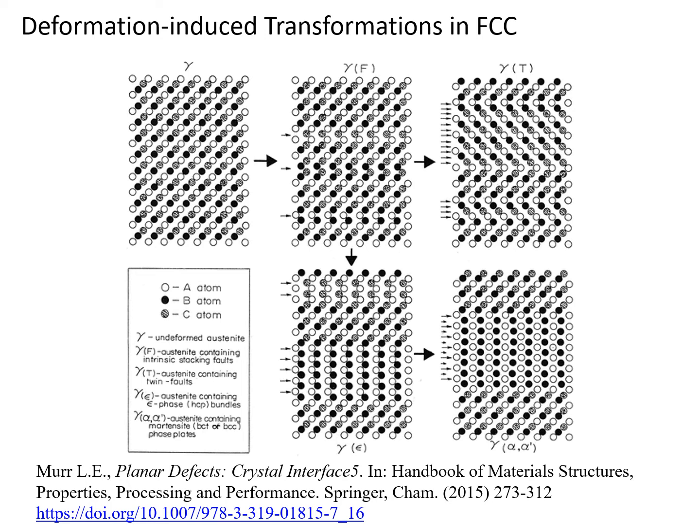And the shearing direction is a 112, which is a Shockley partial, which is that very easy glide component that I showed on the ball models.